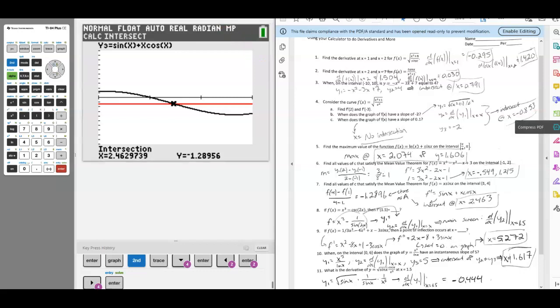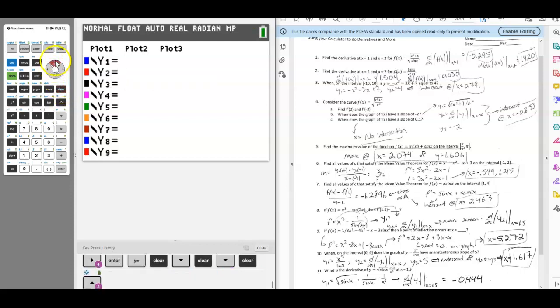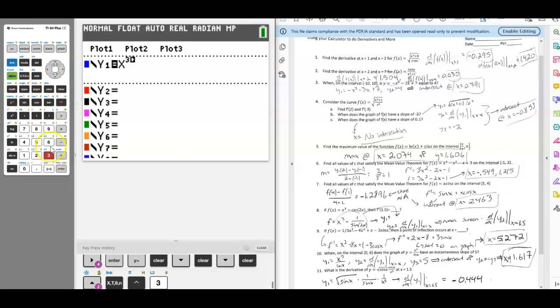So what I want to do is put this function that's right here into my y equals screen. So I'll go back here. I'm going to clear out whatever mess I have. Go up to y1. All right, I'm going to make y1 equal to x raised to the 3rd minus 1 over sine of 2x.